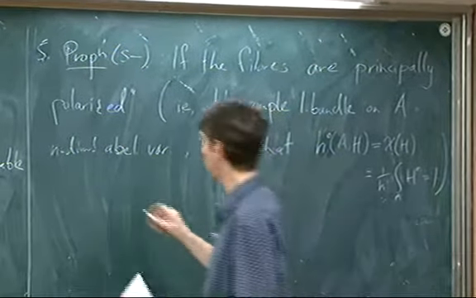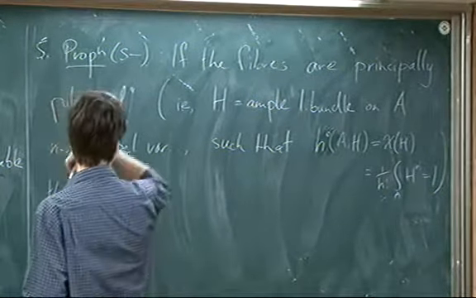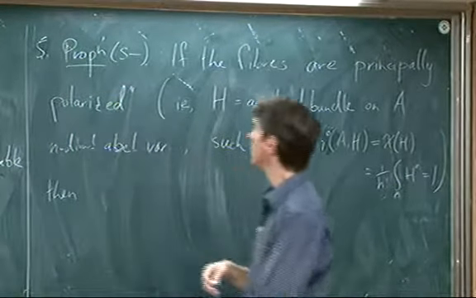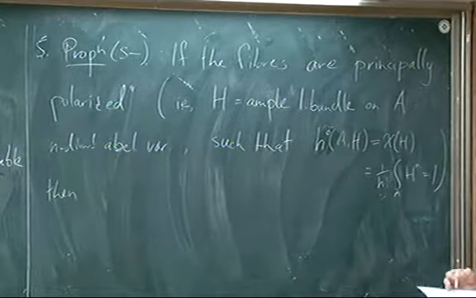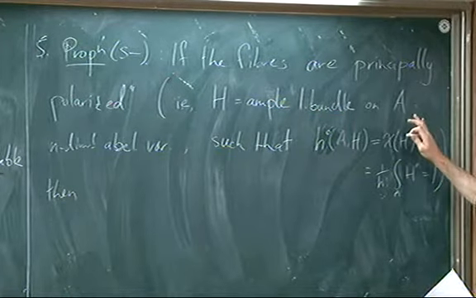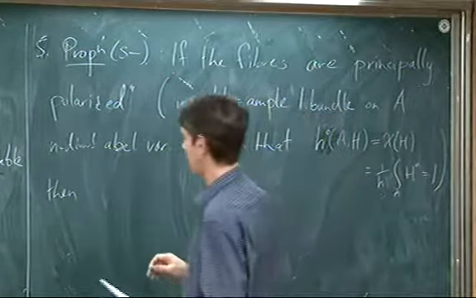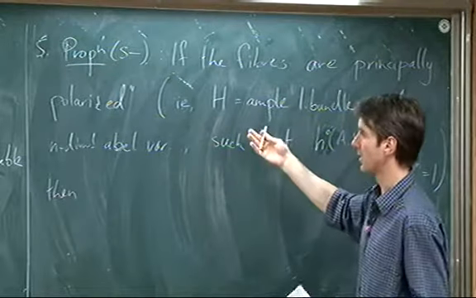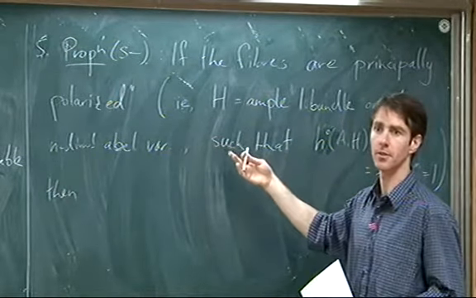Okay, so then if you have a Lagrangian fibration on one of these and you have principally polarized fibers, an example of principally polarized abelian varieties are Jacobians of curves.